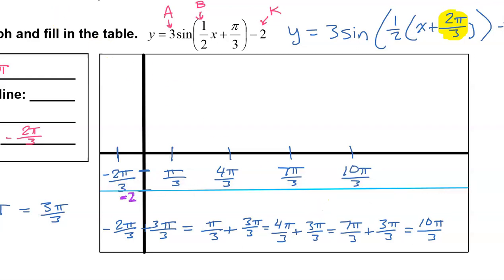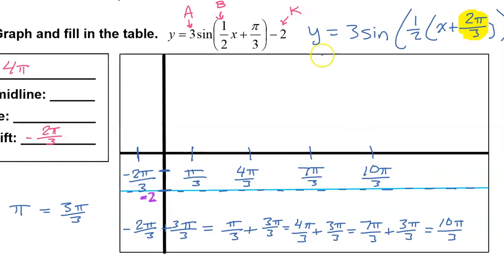Okay, so there's my guideline. So we really should set it as a dotted line though, so I'm just going to go ahead and use that guideline to show where to put my dotted line. So this is the new midline because of the vertical shift down 2.